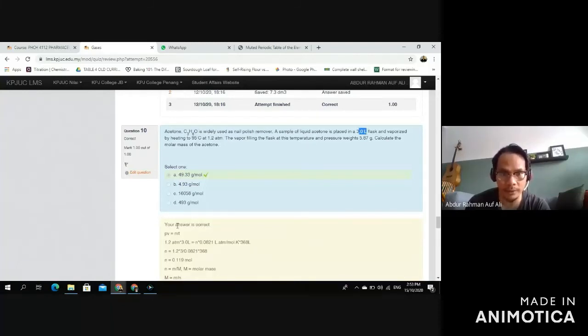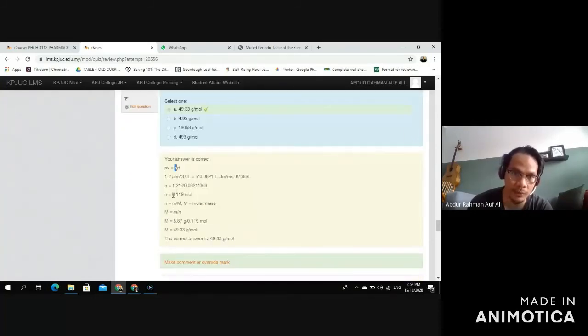R is a constant 0.08205. Temperature we have 95, but this 95 needs to be converted to Kelvin. So 95 plus 273, which gives 368, which I have included in the calculation. So just fill in the blanks: what is P, what is V, what is R, what is T. So find n. When I calculate here, n equals 0.119 mole.